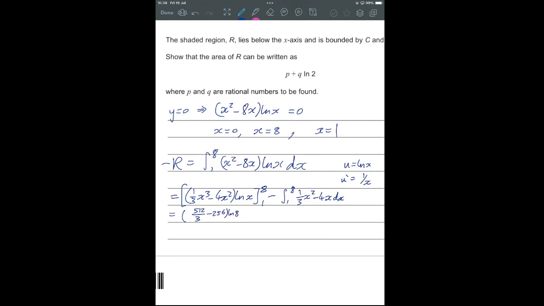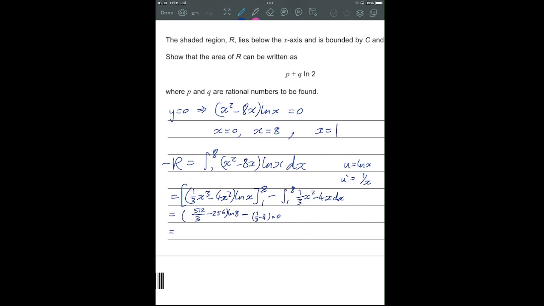ln 8. Subtract, well, something, ln 1. But ln 1 was 0. So I don't care what that something is. So I'll write it in anyway. But it's irrelevant. It gets destroyed. I'm going to finish off simplifying that part.